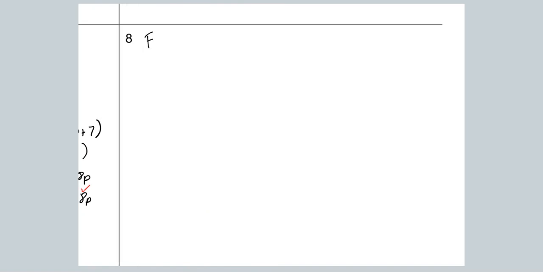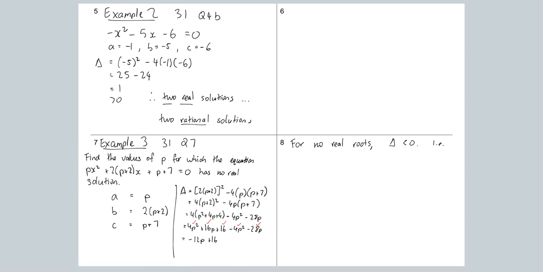Now, the fact we haven't used yet is that for no real roots, no real solutions, no real x-intercepts, the discriminant is less than 0. I'll just zoom out so you can see both at once, otherwise it's a bit tricky to see. So minus 12p plus 16 has to be less than 0.